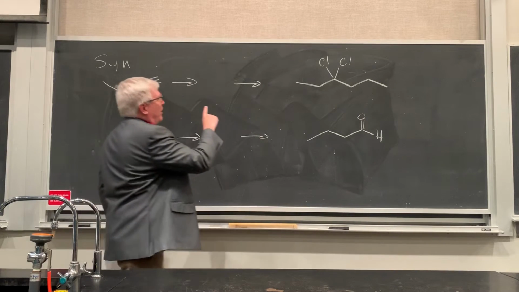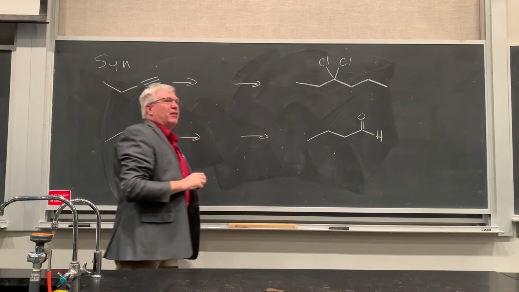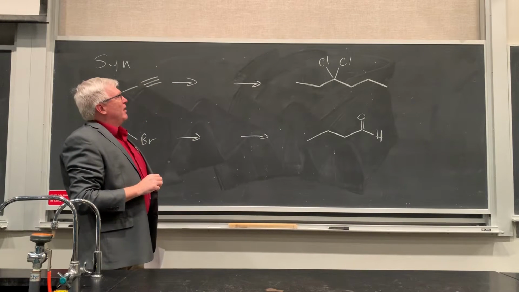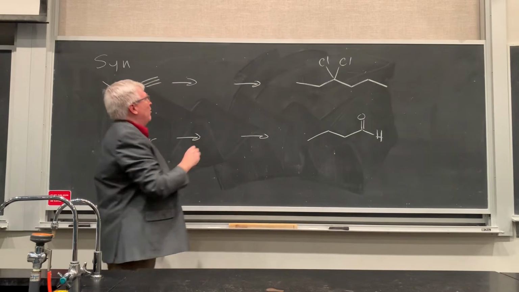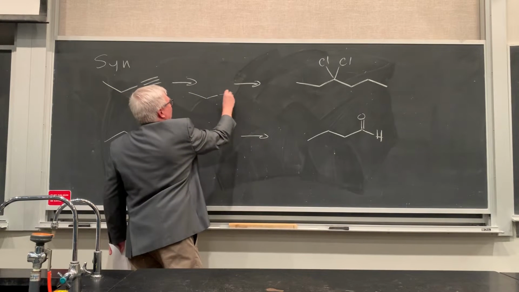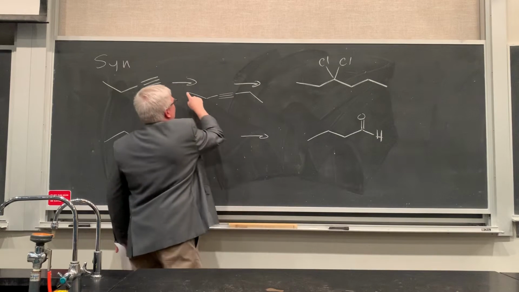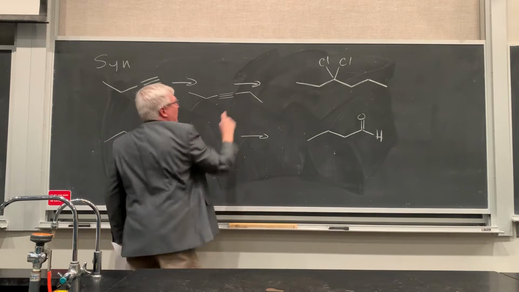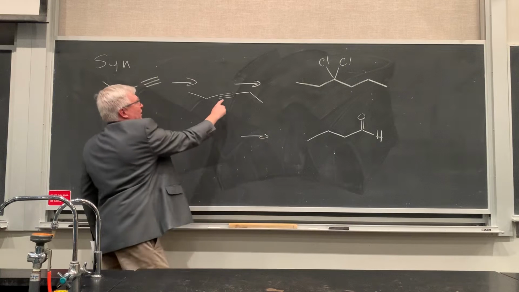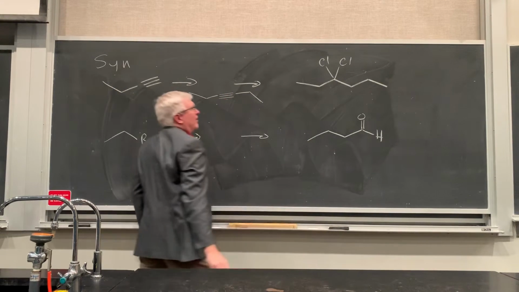Well, we know how to do this type of reaction here. How do we form this geminal dichloride product? Well, we can think about this product right here. If we have an acetylene for this intermediate, and what? 1, 2, 3, 4, 5, 6 carbons. How do we convert this alkyne, this acetylene, into the dichloride?